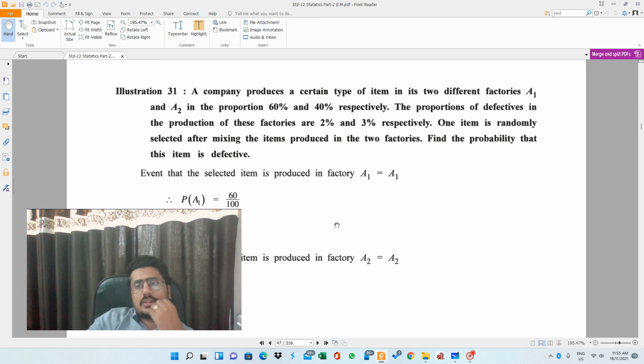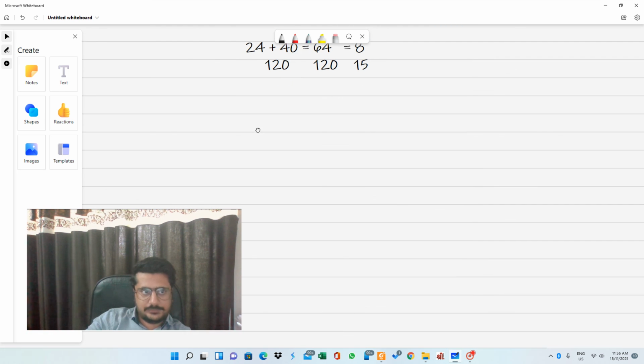The proportion of defectives in the production of these factories are 2% and 3% respectively. One item is selected after mixing the items produced in the two factories. Find the probability that this item is defective.